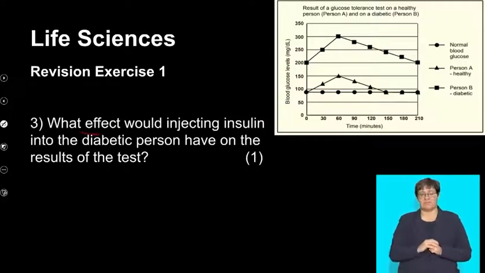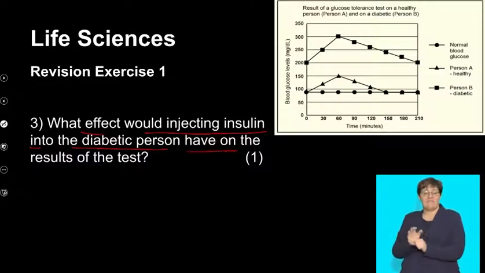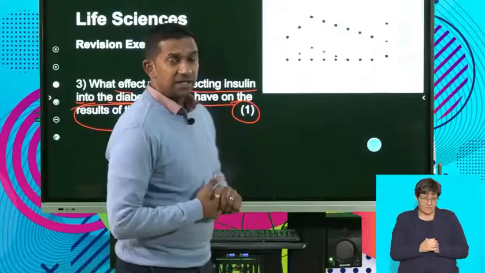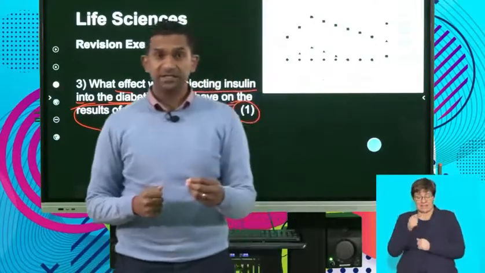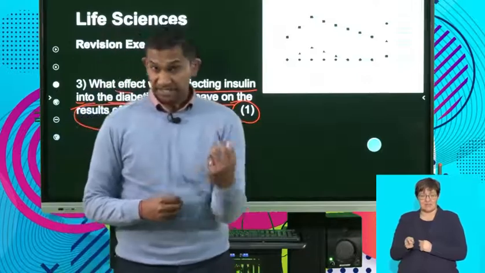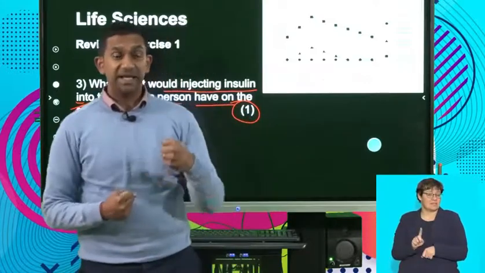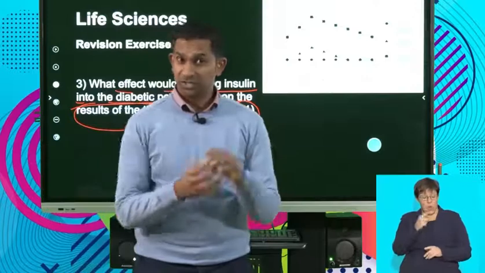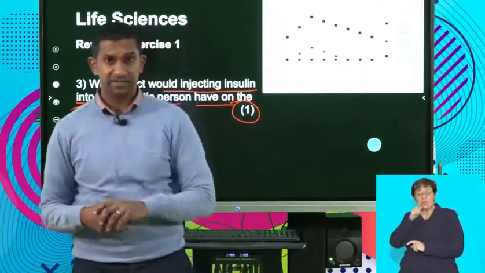What effect would injecting insulin into the diabetic person have on the results of the test? So guys, remember that an individual that is diabetic has a problem with being able to absorb the blood glucose into the cells and using that.